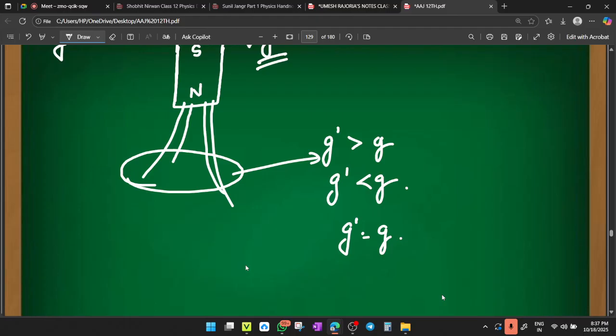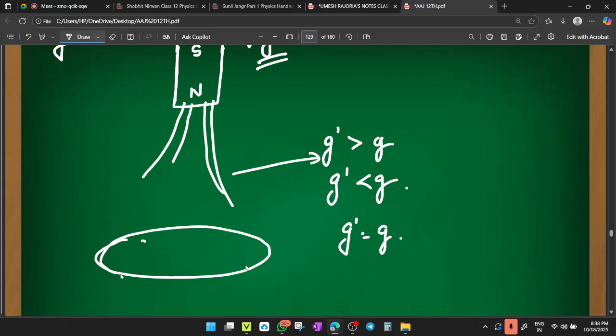When the magnet comes closer, first it was out of the loop, but when it comes closer to the loop, definitely the flux will enter the coil. Now what happened?